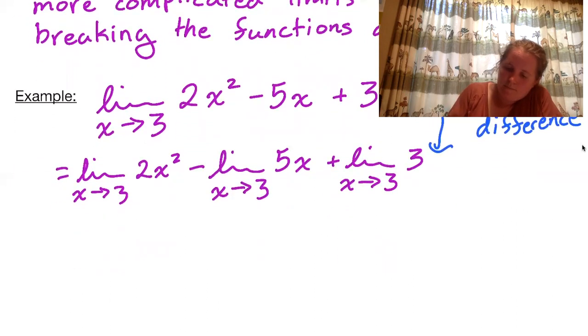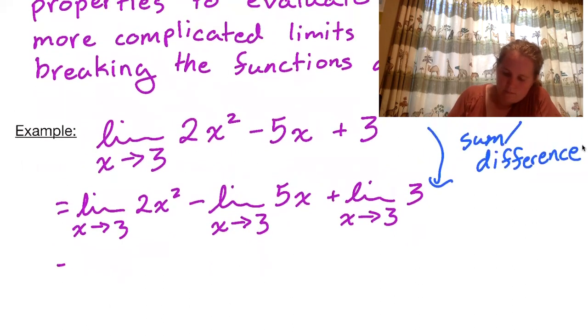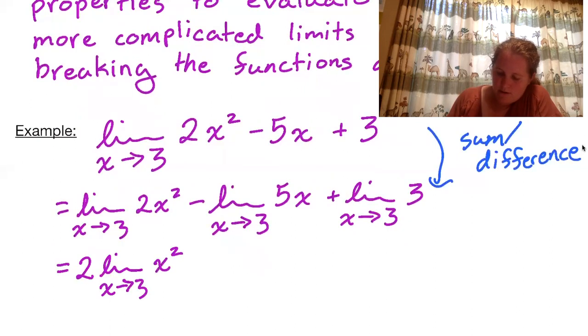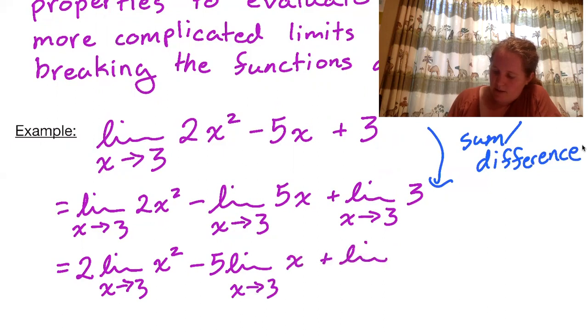Then from here, we can go ahead and pull out our constants. So we have 2 times the limit as x approaches 3 of x squared minus 5 times the limit, or our scalar multiples, sorry, 5 times the limit as x approaches 3 of x plus the limit as x approaches 3 of 3. So on this step, we used the scalars.